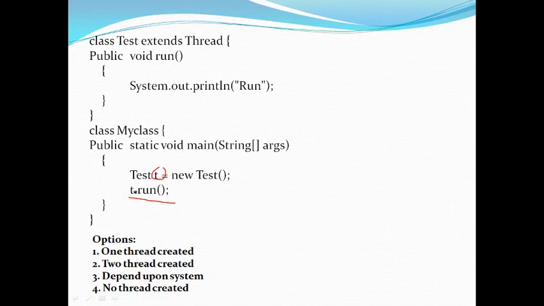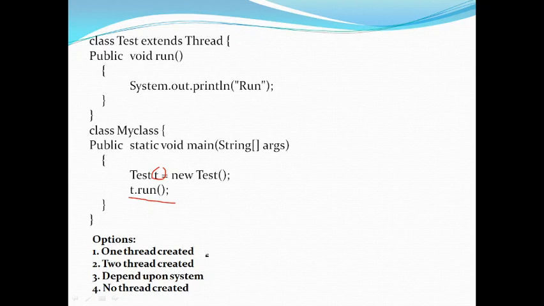When I call t.run, the run method may be called and it is going to print output. But the options are not about what the output is. Here my question is, is one thread created, two threads created, depending upon the system, or no thread created? Can you guess what the answer is?